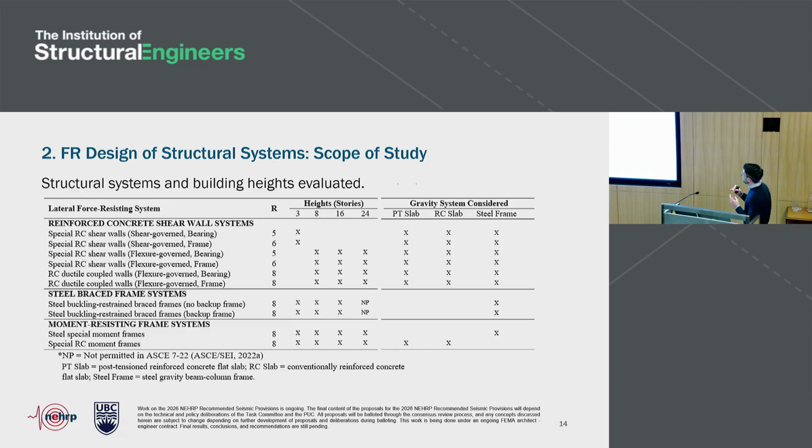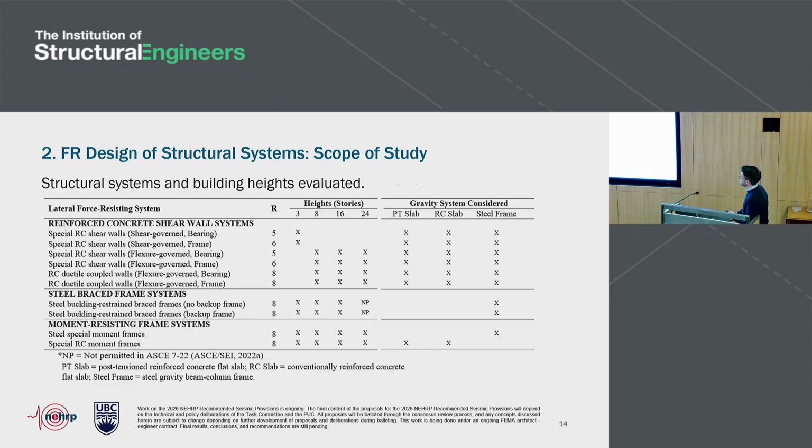Okay, so with the definition in mind, with the notion of these functional recovery categories, and a sense of the ground motion hazard that we're using in our designs, now I want to tell you a little bit about our approach to developing design requirements for structural systems. I want to start by showing some of the systems that we've initially considered in this process.